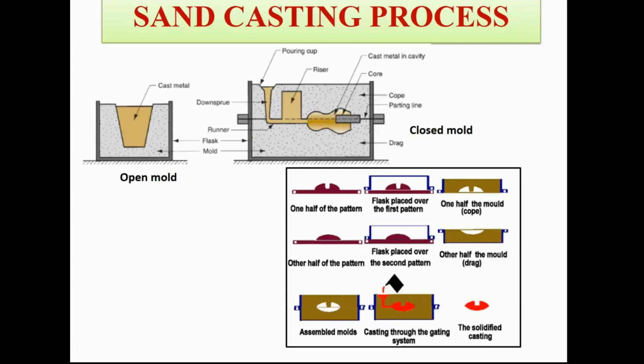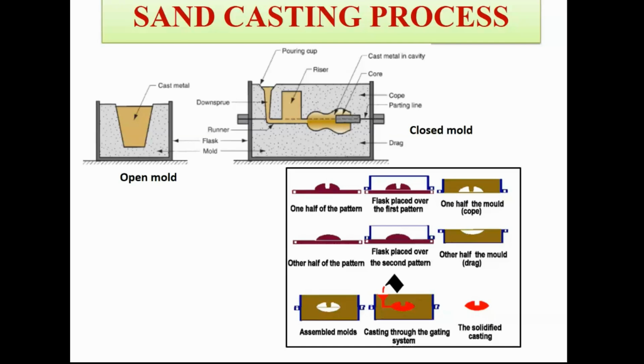As you all know, in the casting process, we take our raw material in the form of ingots, and then we melt this raw material using heat sources, basically in different types of furnaces. And then we pour this molten metal into a predefined cavity, which is called the mold.